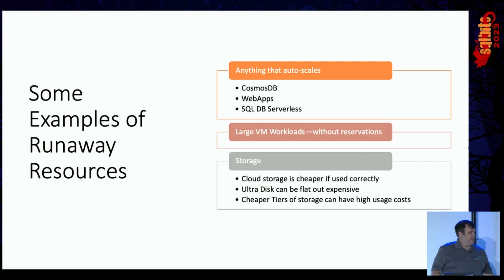Storage. Cloud storage is typically cheaper if you use it correctly. There are two kinds of storage you really need to know about. The kind of storage that VMs use, managed disk, is a fixed cost. So you pay for that terabyte per month that I mentioned: $120 in the US, $160 in the UK. But if you're using all 5,000 IOPS that drive will sustain all month, your bill is the same.